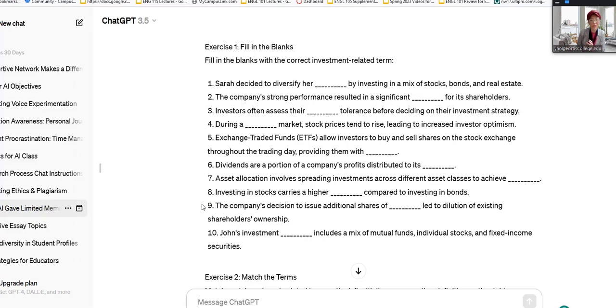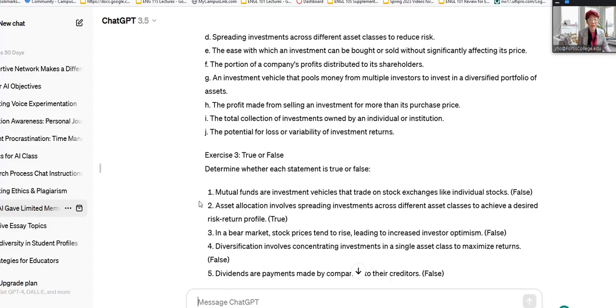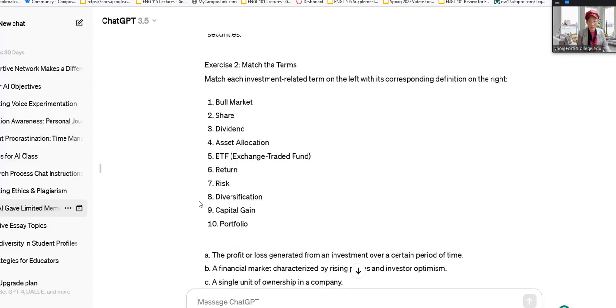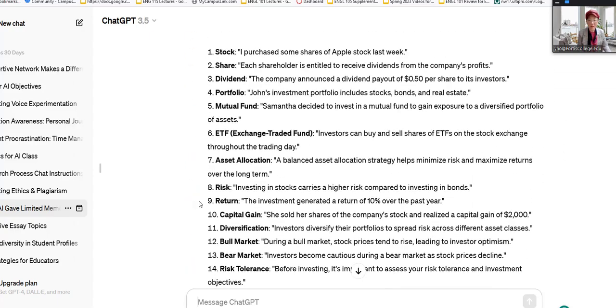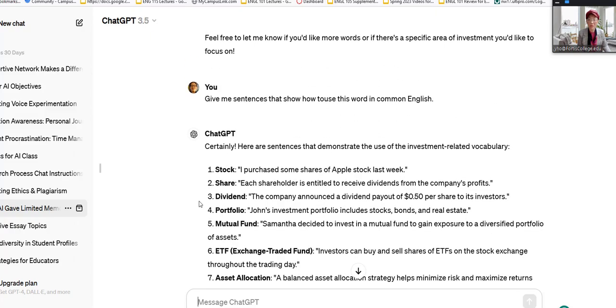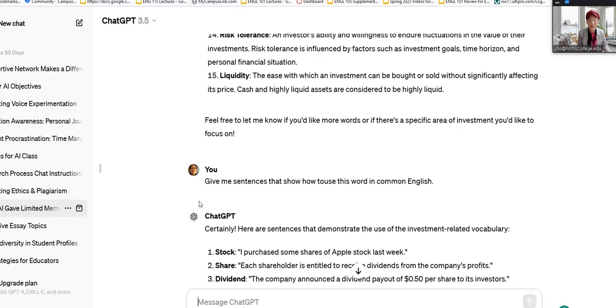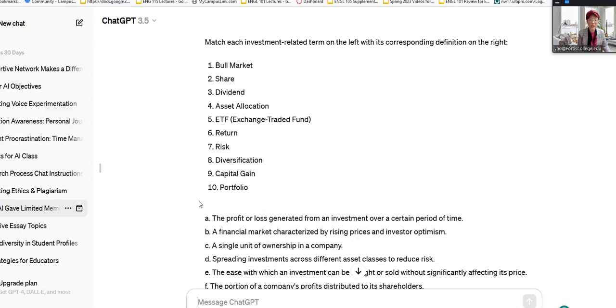"Investors often assess their risk tolerance before deciding on their..." So hey, I'm not an expert in economics, so for me to be able to fill out the blanks, I'm like, wow, I actually learned something from the Investment for Dummies book. So anyway, these are the ways in which you can learn new vocabulary, create your own customized vocabulary list, and also create exercises.